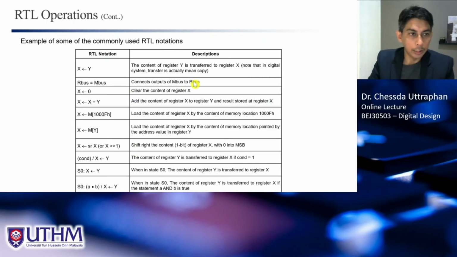Now the next notation is to clear the content of a register, and for example, our register is X. This is the notation that we use. It means that we move 0 or transfer 0 into X. I forgot to tell that in RTL notation, this is called the source operand, the right hand side, and this is called the destination.